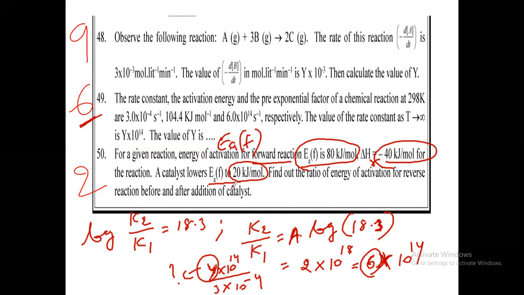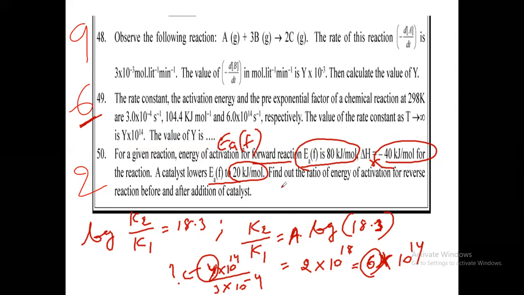The lowering of activation energy of the forward reaction must be equal to the lowering for the backward reaction in the presence of catalyst. So the catalyst will increase the rate of the forward and backward reactions to the same extent. Like that we have to understand. It is about the decrease in activation energy.